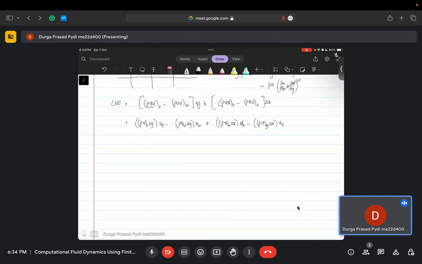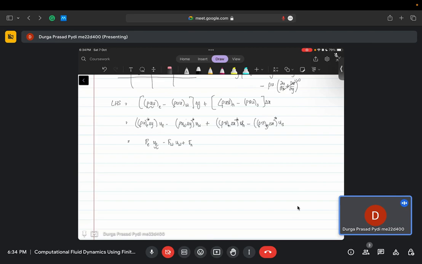Ideally I should be taking the value of current u, but what we do is we just take values from the previous iteration. This entire term I am keeping with a star, where star values essentially mean you are taking from the previous iterations. This is again similar to your original scalar transport equation, where you have phi east, phi west, phi north, phi south, but instead of phi you are having u.